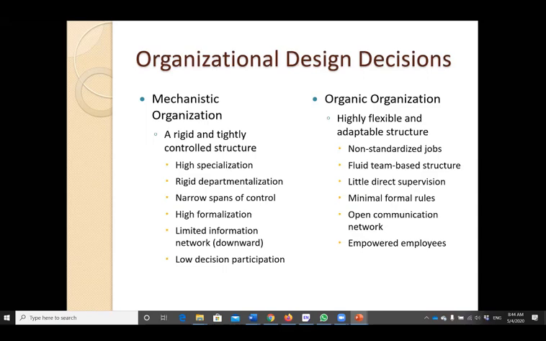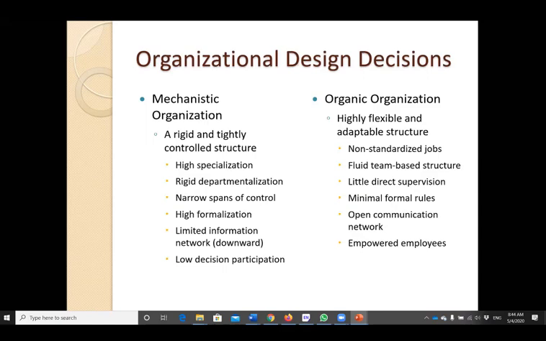It means low decision participation, right? So power will be given to a certain number of people in the organization, not to all. It's something like a monopoly.